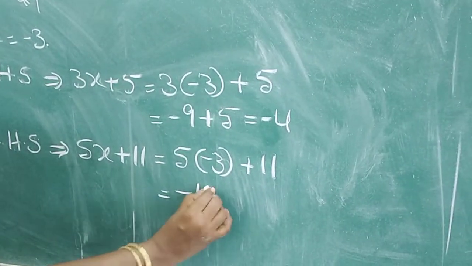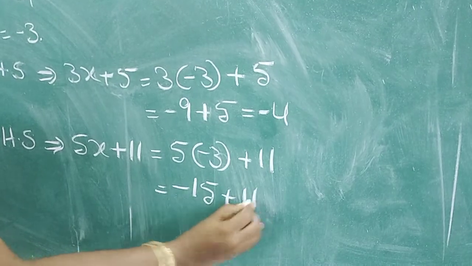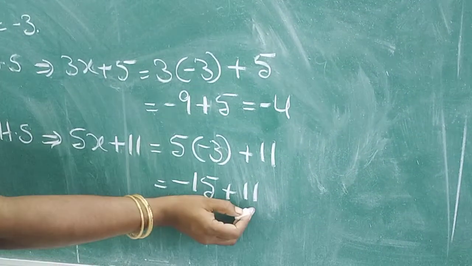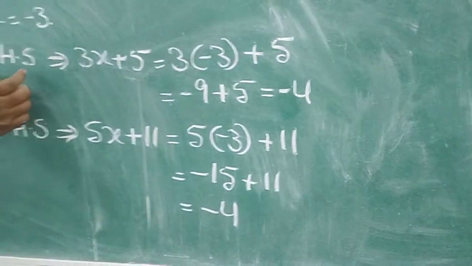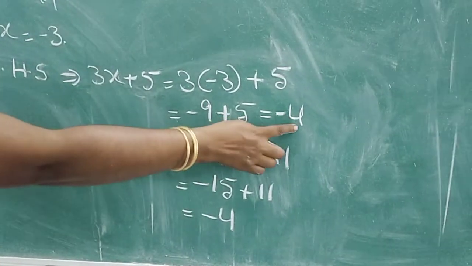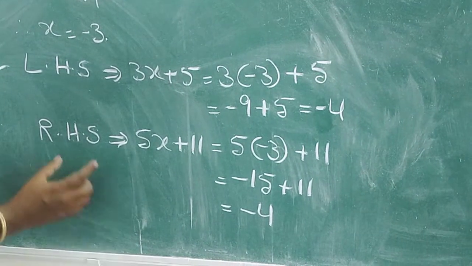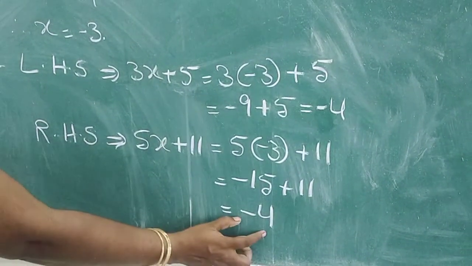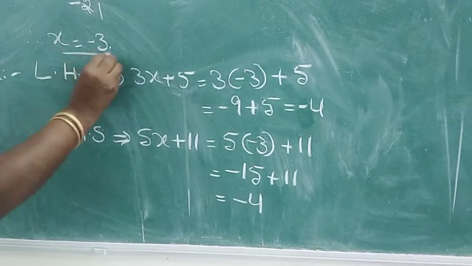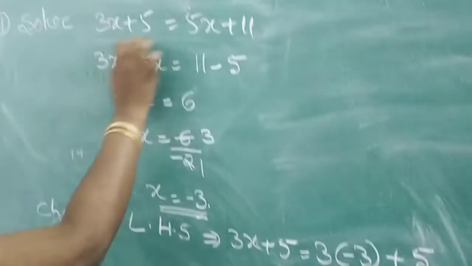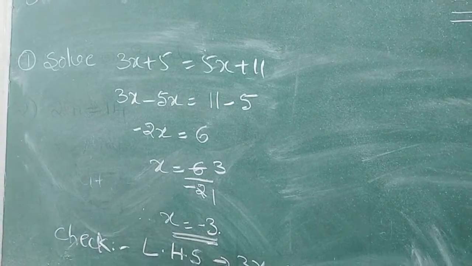Minus 15 plus 11. Minus 15 plus 11, that is minus 4. The value of LHS is minus 4. The value of RHS is minus 4. So, the value of the variable is minus 3, satisfying the equation.